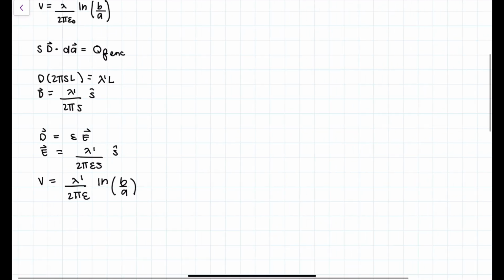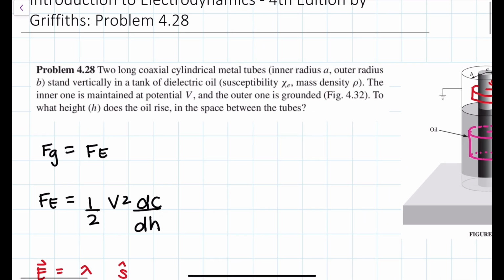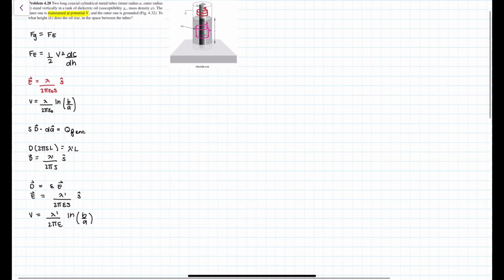We are told that the inner tube is maintained at a potential V. Therefore, these two potentials must equal the same thing, and using that fact, we can solve for lambda prime.